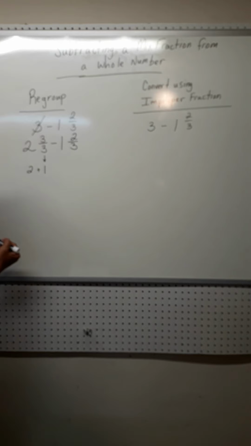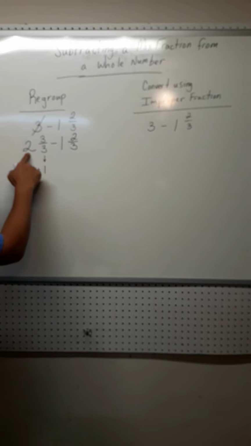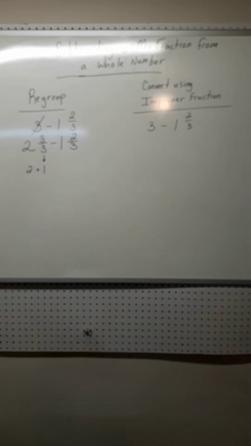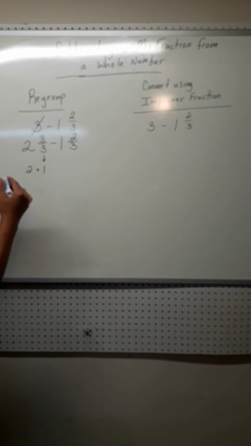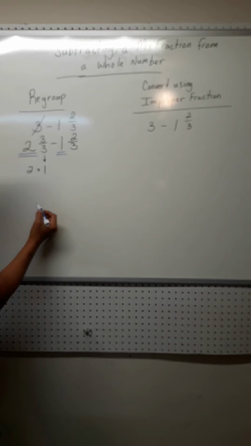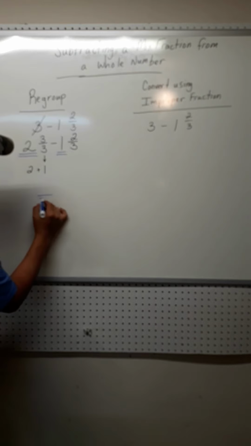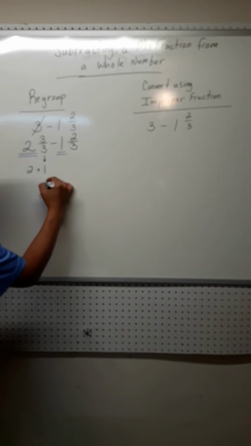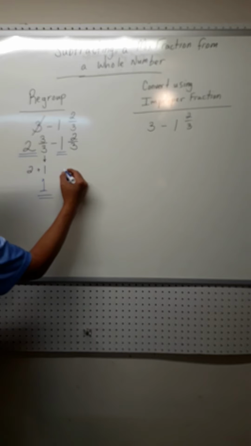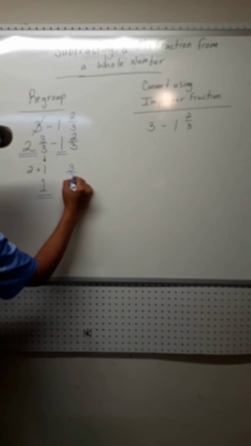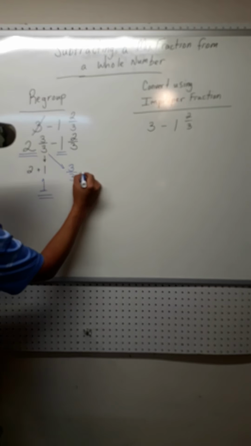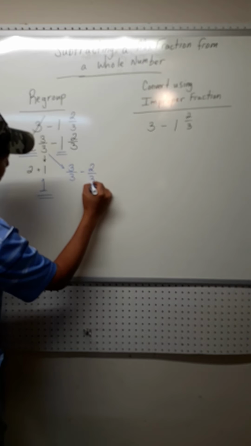2/3 from it. Well, a whole number must be subtracted from a whole number. So therefore, I'm going to use a different color, and I'll use blue. I have 2 minus this 1, which is, and I'll underline so I can show you the answer, 1. Now I have 3/3, which comes right here from this 3/3, minus 2/3.